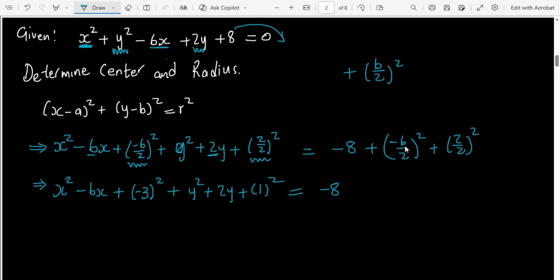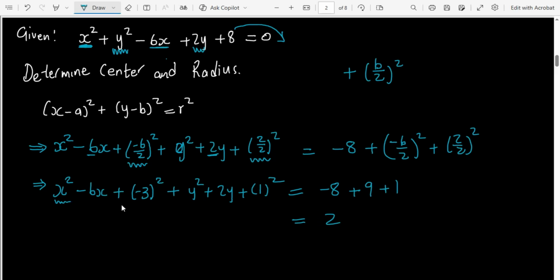The right hand side, we can solve the bracket because -6 over 2 is -3, and (-3) squared is 9. So this will be plus 9 and plus 1. If we add -8 with 9, we get 1, and 1 plus 1 is 2.